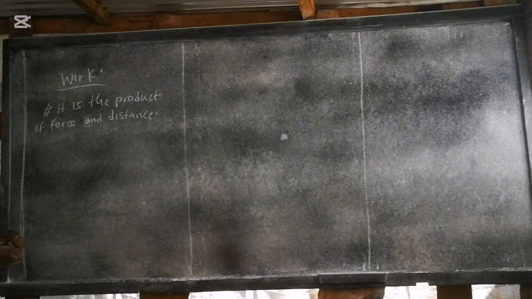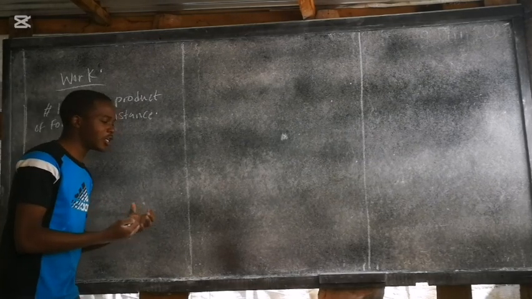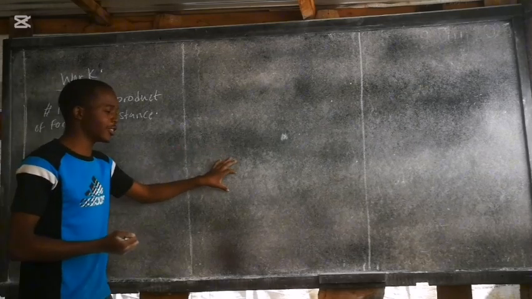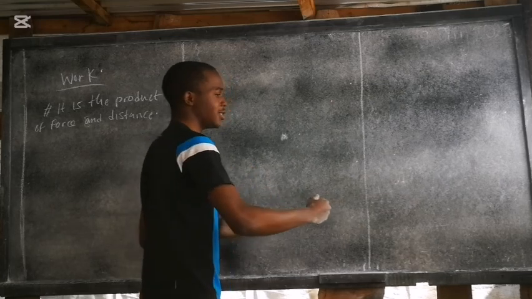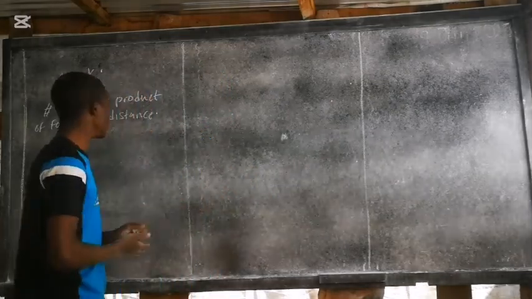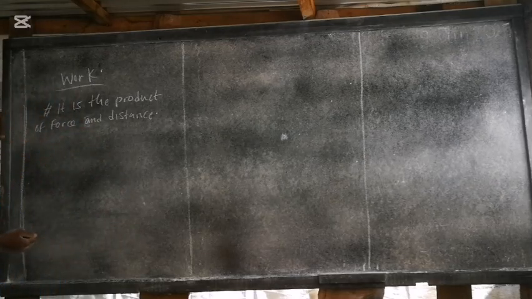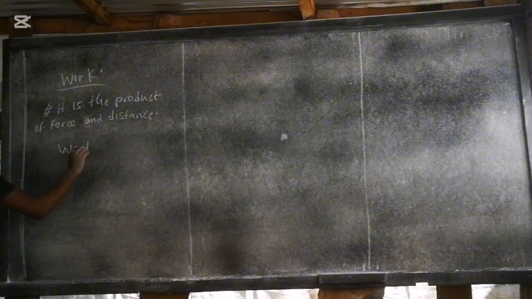So when you are applying a force and also moving a certain distance, that is what we call work. So the formula for work is equal to what? Force times distance. That is the only thing we need to know about work.